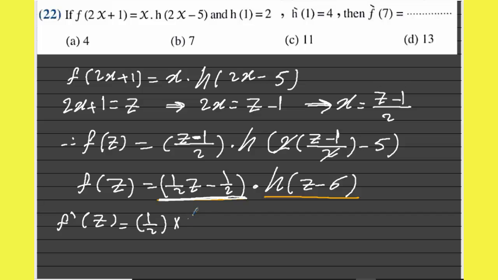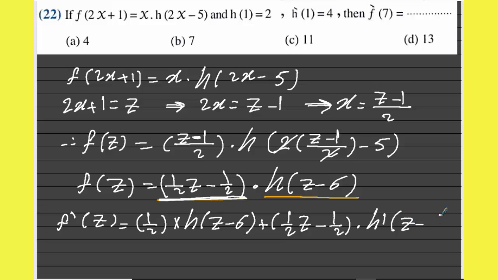Multiply the second itself, h of z minus 6, plus the first, half z minus half, multiply the derivative of the second, h dash of z minus 6, multiply the derivative of z minus 6, which equals 1.